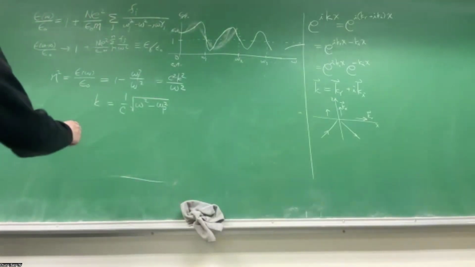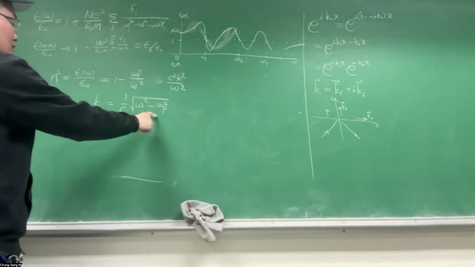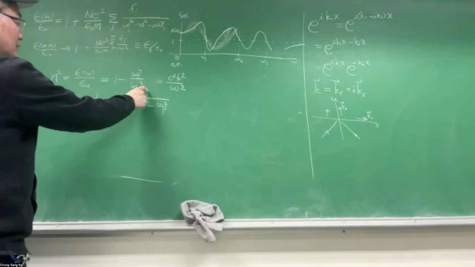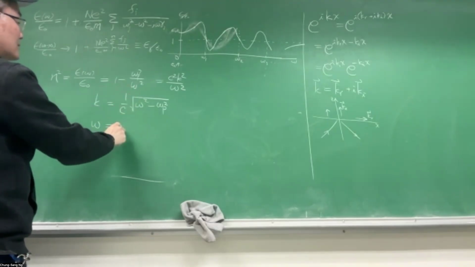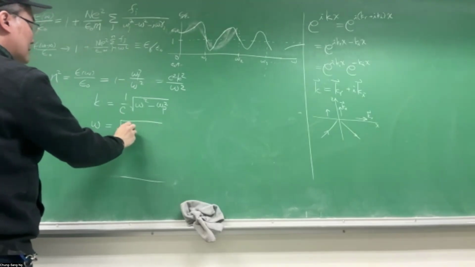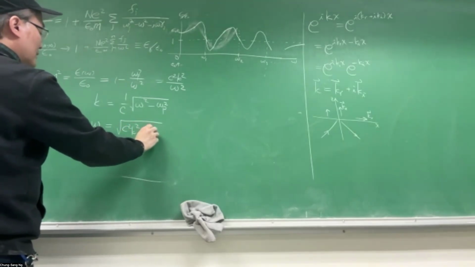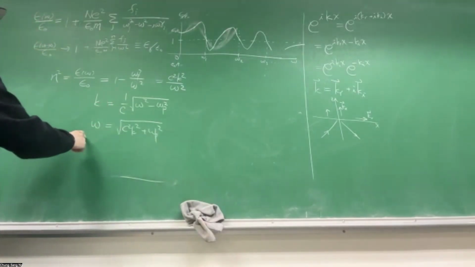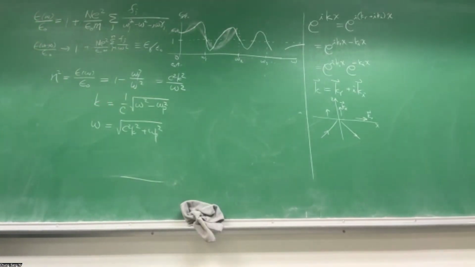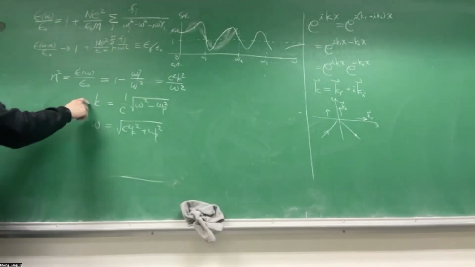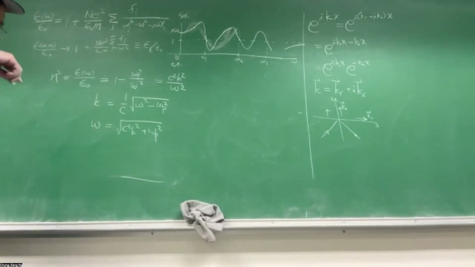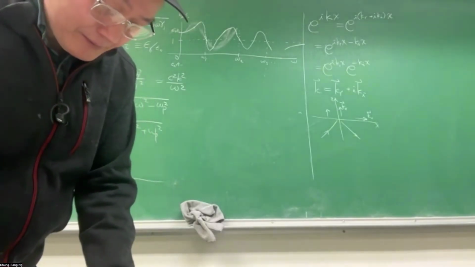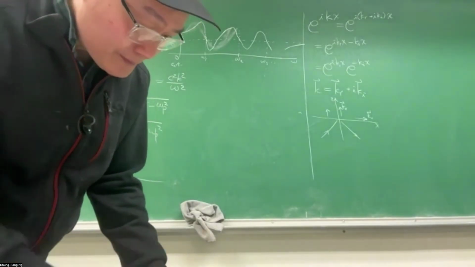Either way, you can solve k as a function of omega, or omega as a function of k. Obviously omega as a function of k is even easier: omega is just the square root of c squared k squared plus omega p squared. In this limit you can solve for the dispersion relation either way.